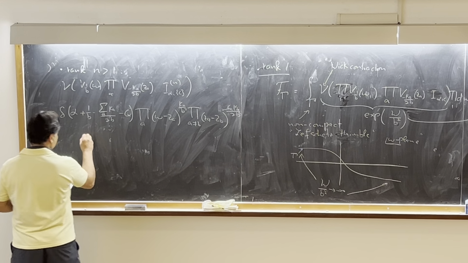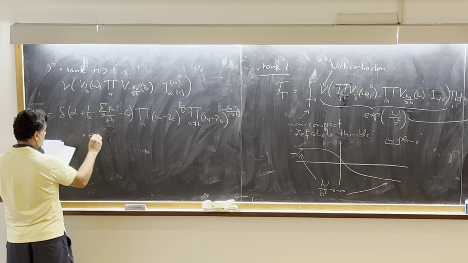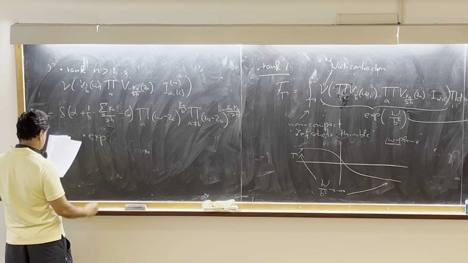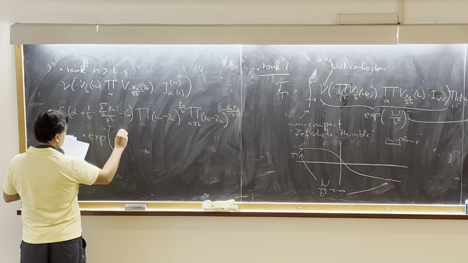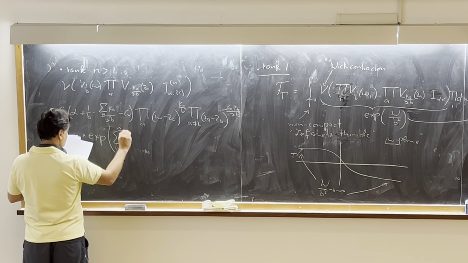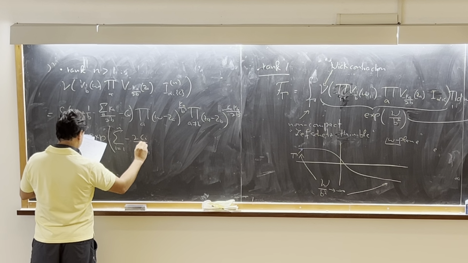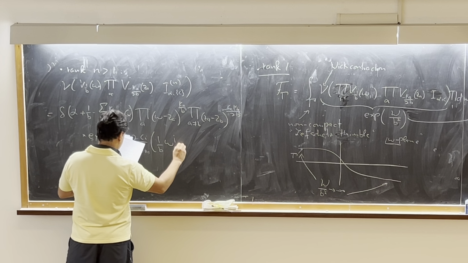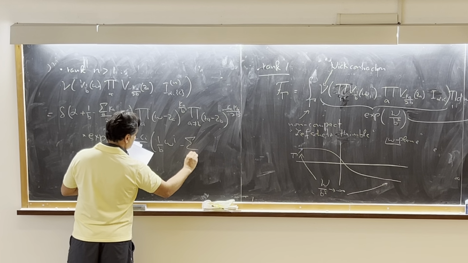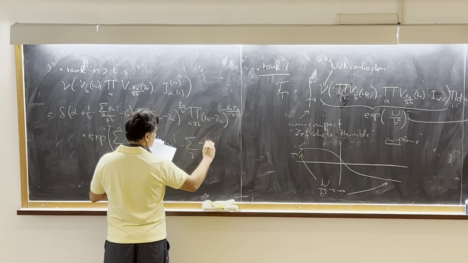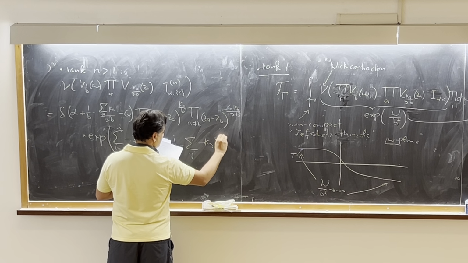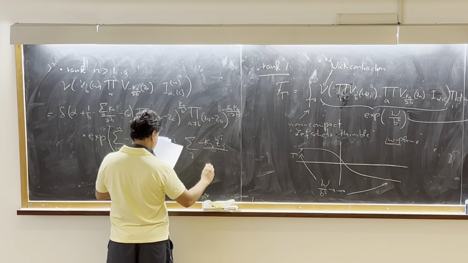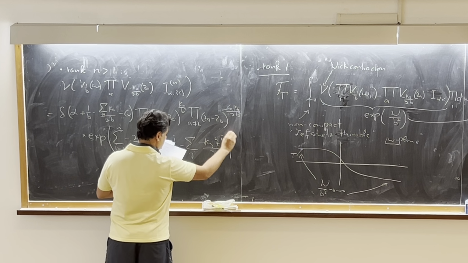And you have then also the exponential of sum over i from 1 to n minus 2 of ci times (1 over b w to the power i minus sum over j of (minus) j z to the power zj to the power i over 2b).